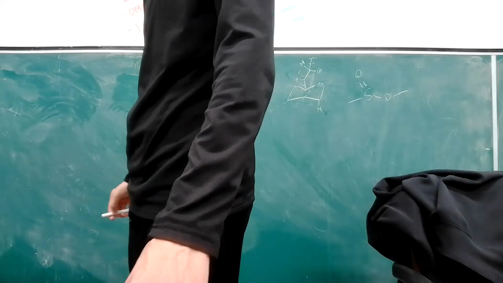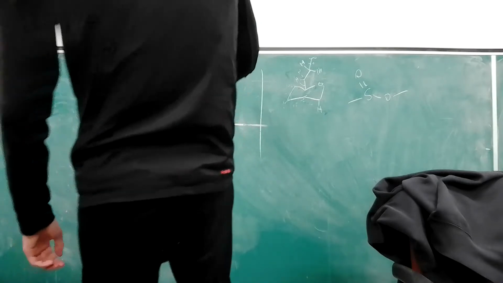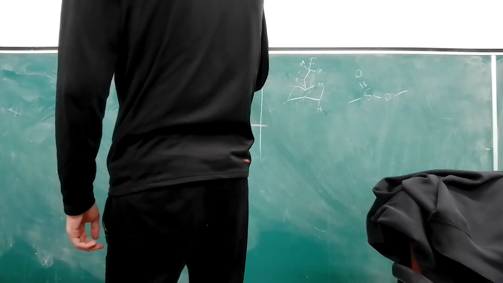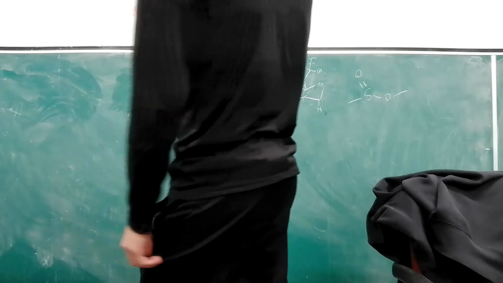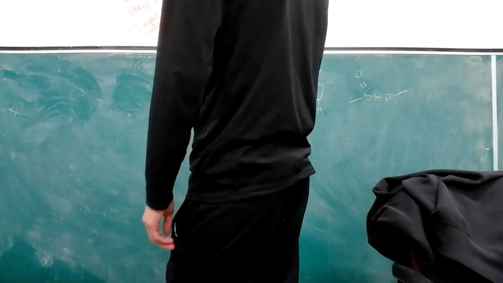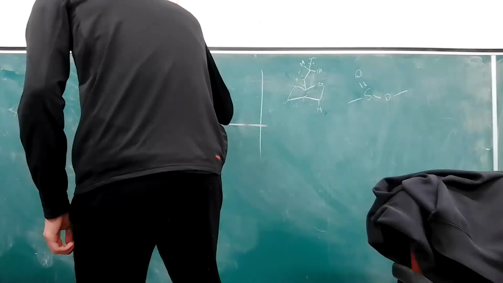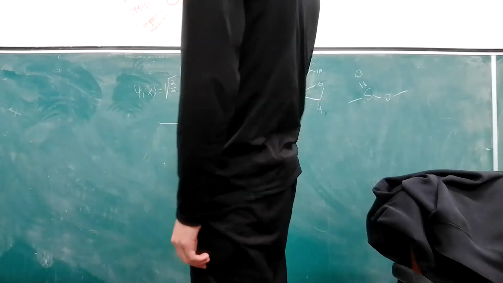So the question asks you about a particle in the box. Then you have a partition here that keeps your wave function here. So this is psi of x, root 2 over a right here.